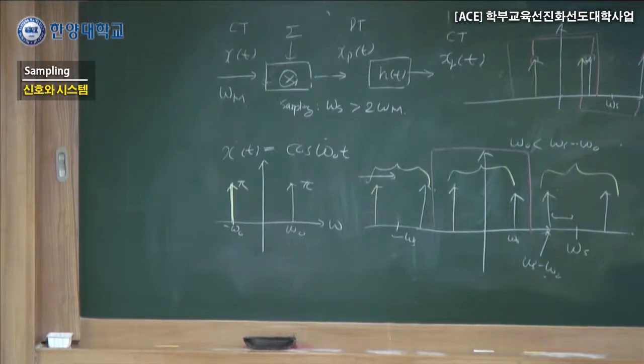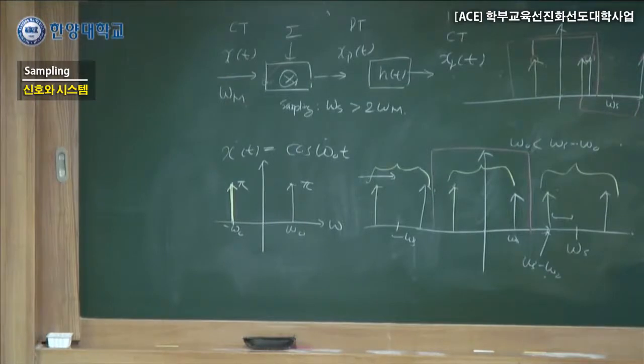This is the case where aliasing happens. Remember, in the figure the spacing, which is the sampling period, is actually the same, so our sampling frequency is the same.